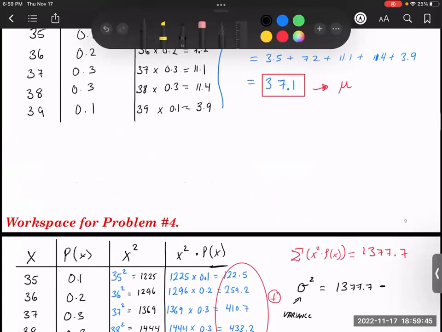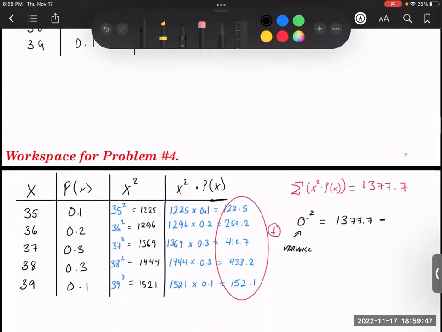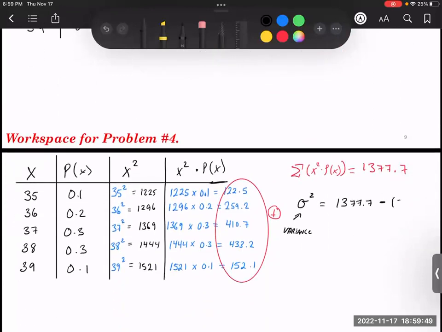The mean, 37.1. So I have to take 37.1 and raise it to the second power, and then I'll be able to compute the difference, okay? So if I take 37.1 squared, that's right, 1376.41.